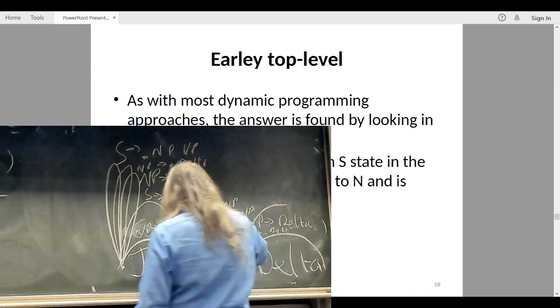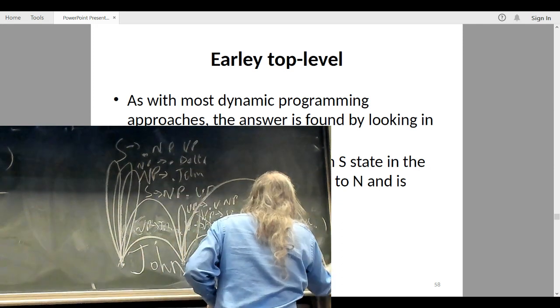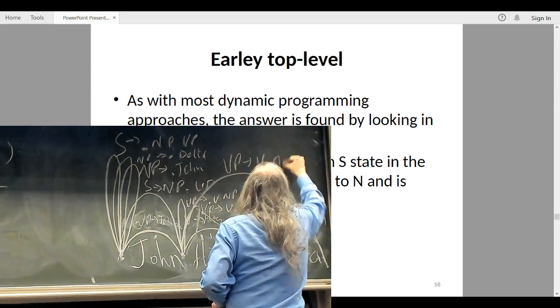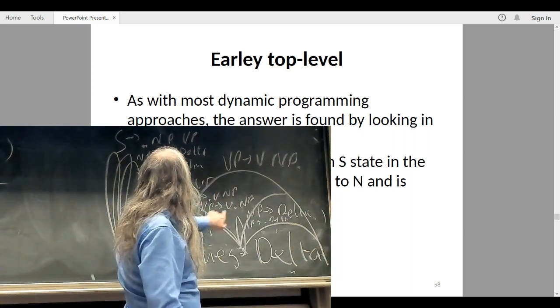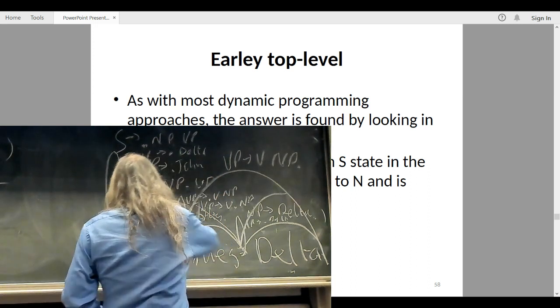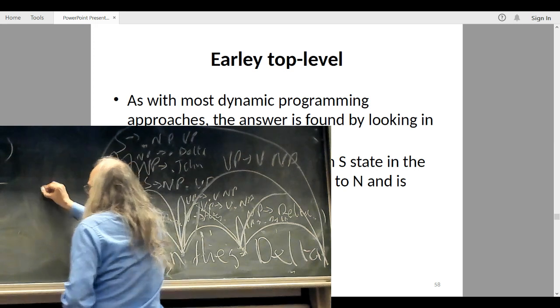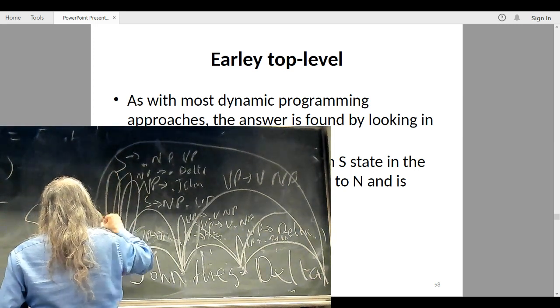And then there's going to be another one that goes for the VP from here down to here. It does VP goes to V NP dot. That VP can join with this one to get a sentence that goes all the way around from the beginning to the end. That can be S goes to NP VP dot.